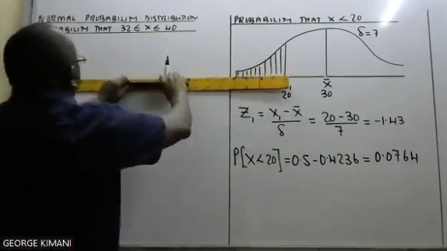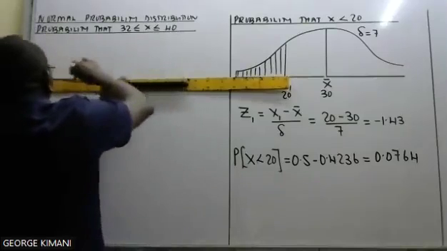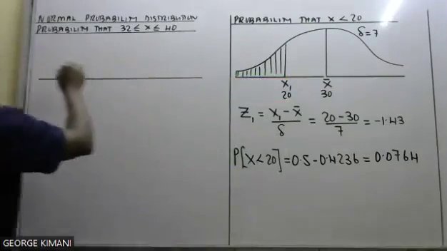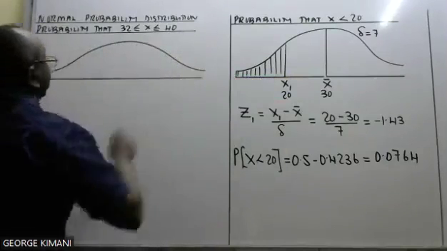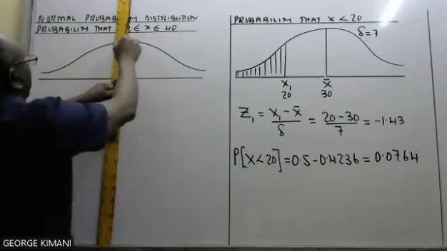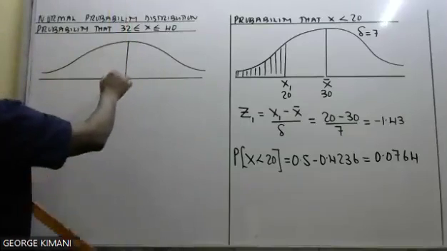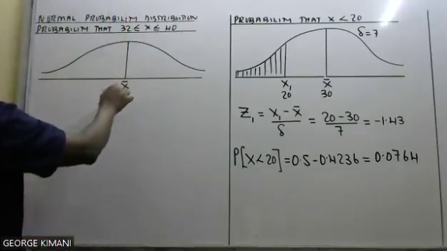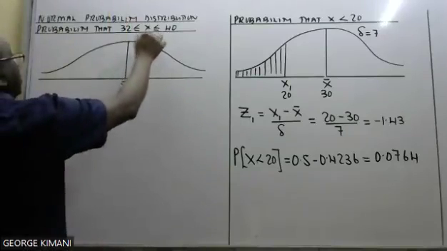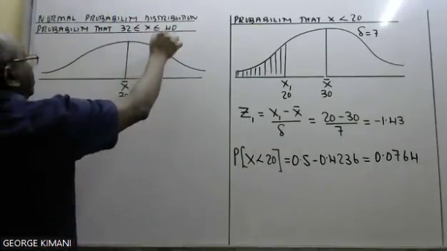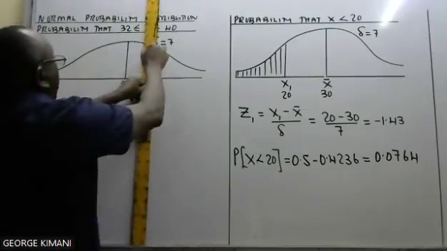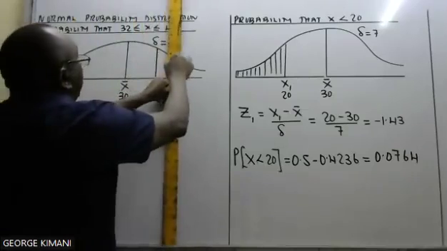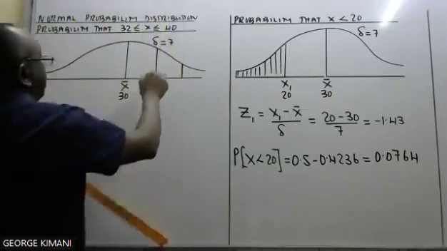So if that be the case, then this is the way to go. You have your diagram drawn well like this. This is X bar here, which is 30. Standard deviation is 7. Now that 2 should be somewhere here and 40 somewhere here.